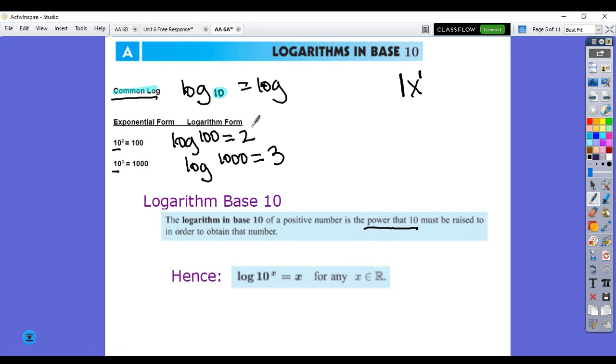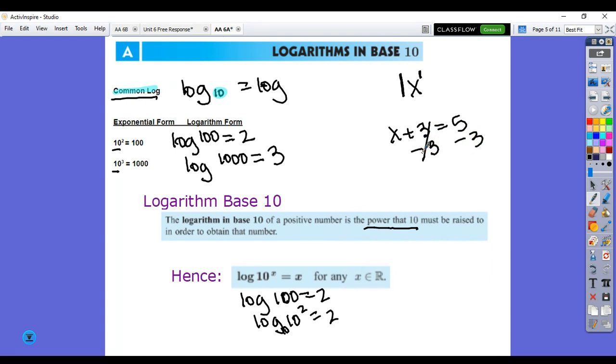So let's think about how that works up here. Log of 100 equals 2 because 100 is 10 squared. So I want you to think of it this way. This is base 10. When we solve an equation like x plus 3 equals 5, we can subtract 3 from both sides.